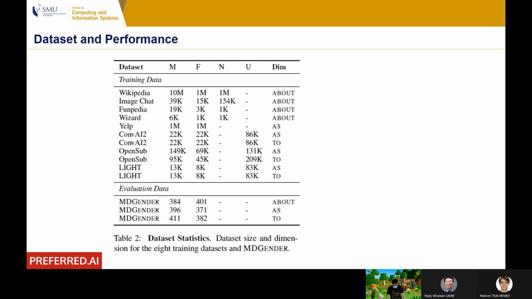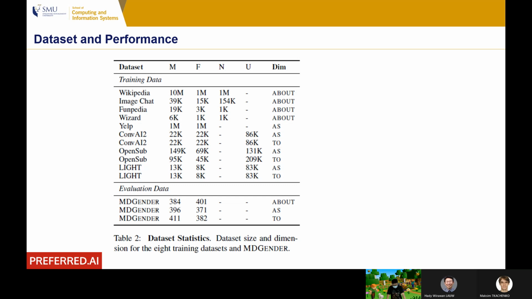And they have Yelp, so S. I guess for that, they rely on some prior work on labeling the male and female. This is S because Yelp is about, I think, restaurant reviews and stuff like that, so they would be commenting as men or as women.